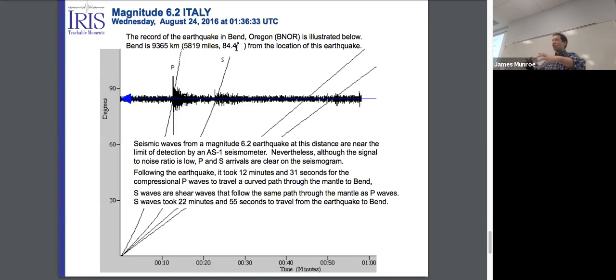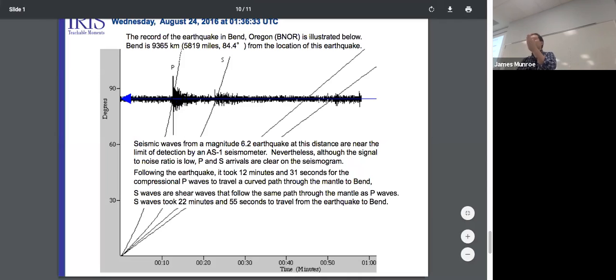But the idea is I want you to send out rays representing P waves into the center of the Earth, construct a travel time curve, basically this black line, and try and figure out the one that took 12 minutes and 31 seconds to propagate, or rather, given something which is 84.4 degrees away, start with this point and figure out where this would end up on the map.